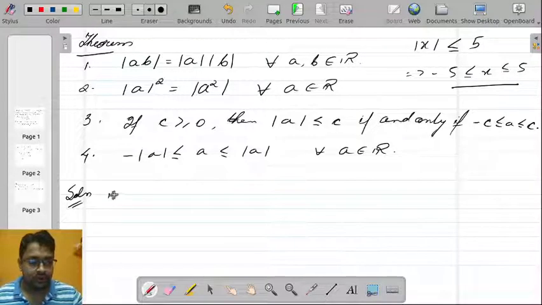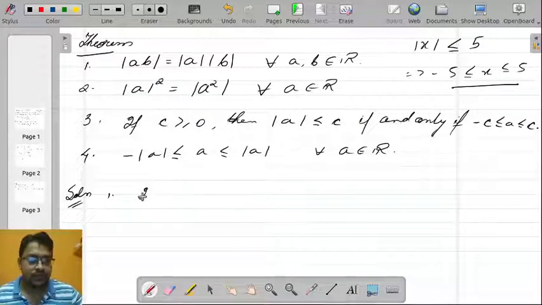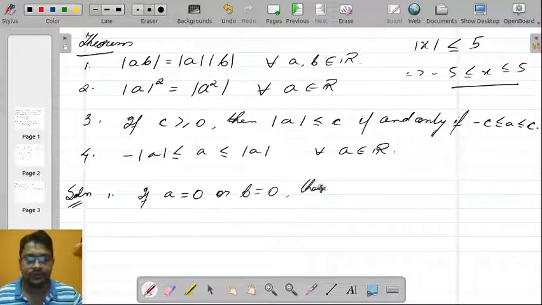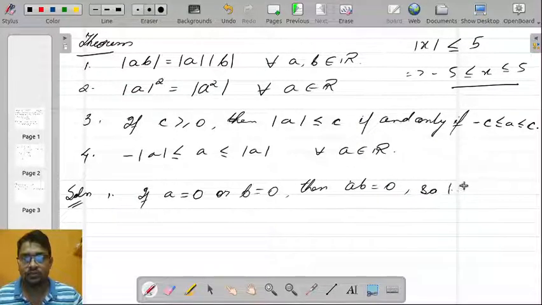So for the first one, we see if a and b are both 0, or if one of them is 0, if a equal to 0 or b equal to 0, then ab equal to 0. So mod of ab is equal to 0.